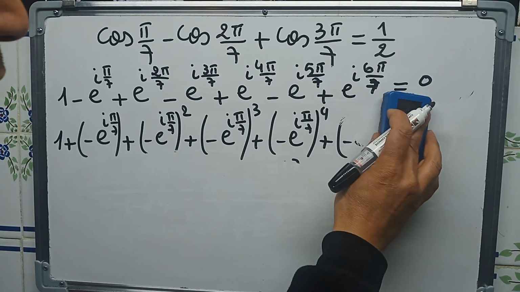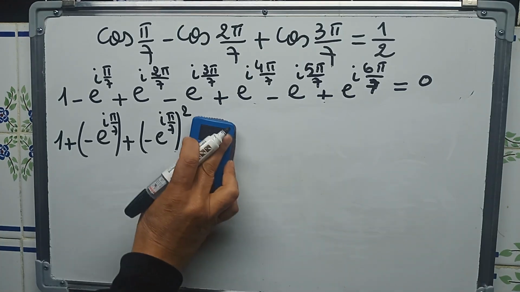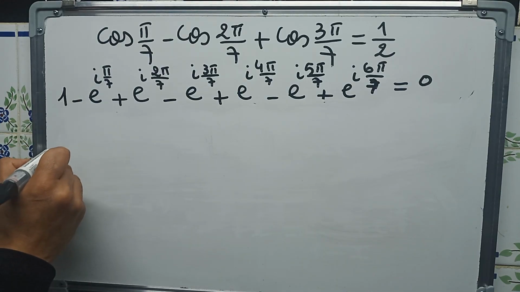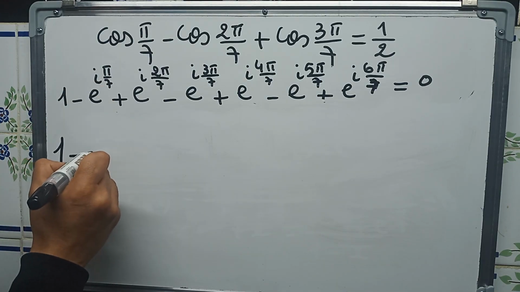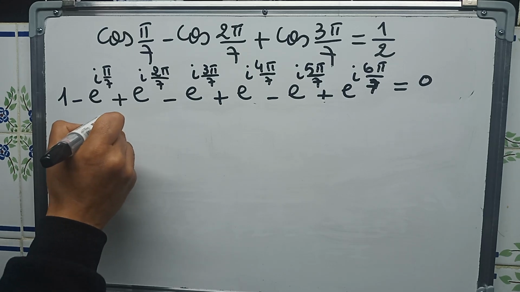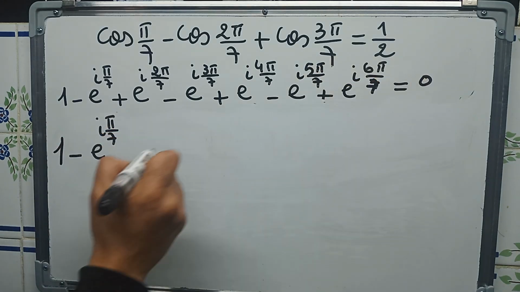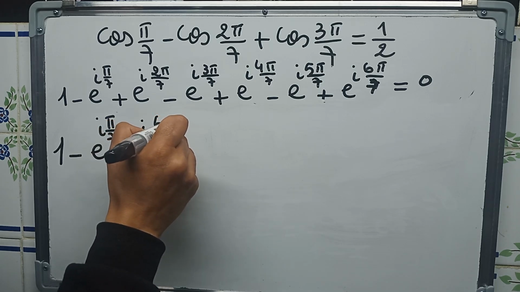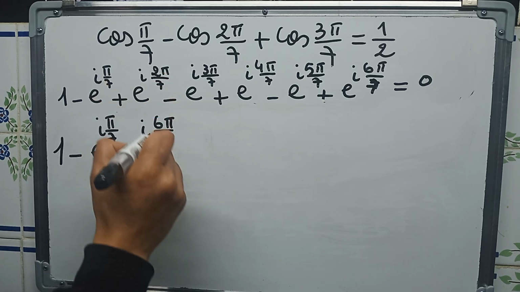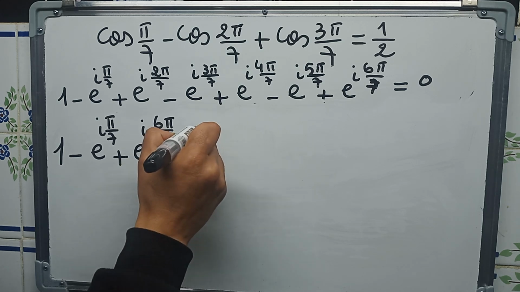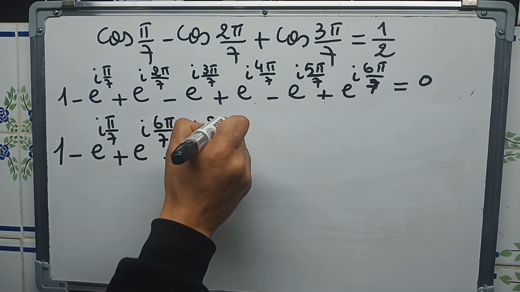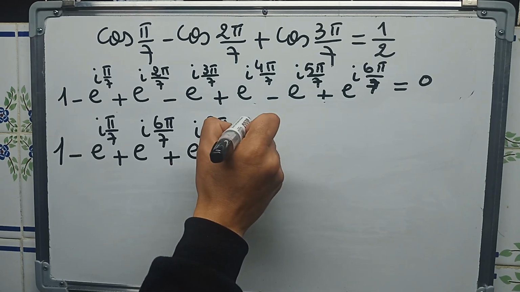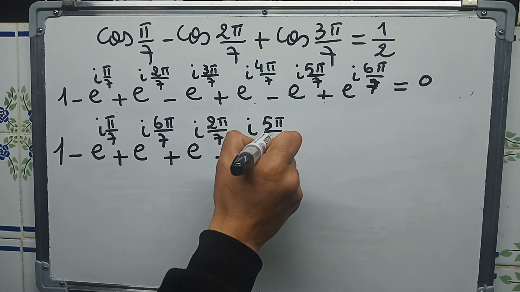Now we will continue like this. We will just bring terms near to others. So we have 1, and here minus e^(i pi over 7). We bring this one, plus e^(i 6 pi over 7), and here we have plus e^(i 2 pi over 7), we bring this one, minus e^(i 5 pi over 7).